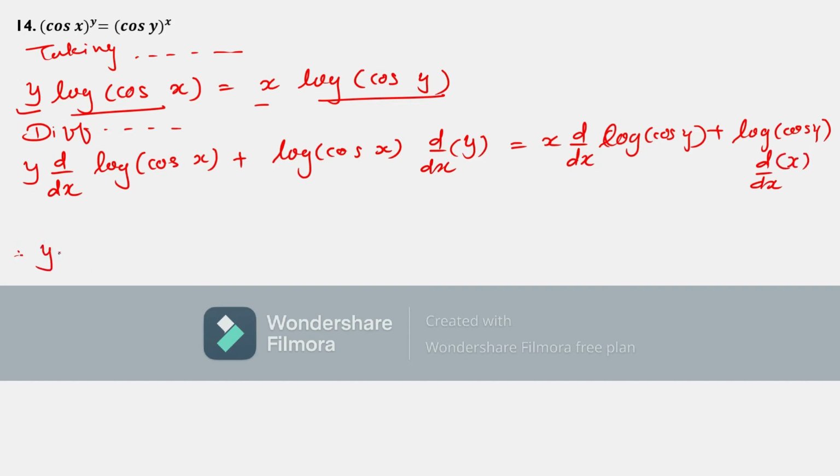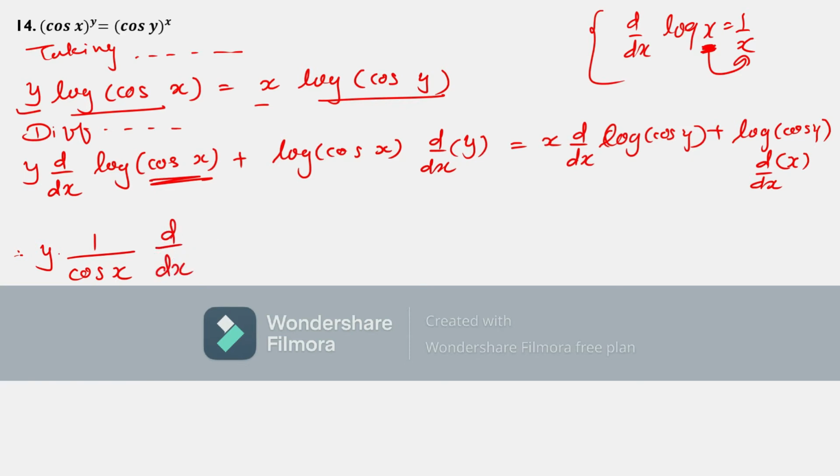So y log of cos x, that means 1 by cos x. As we know that differentiation of log x is 1 by x, right? So whatever quantity is over here, whatever variable is here, that will go in the denominator. Here we have cos x, so cos x will go in the denominator.